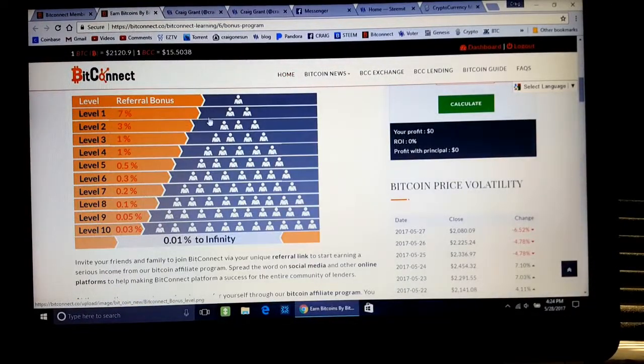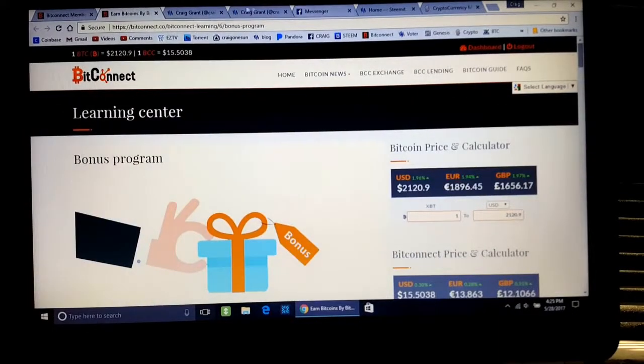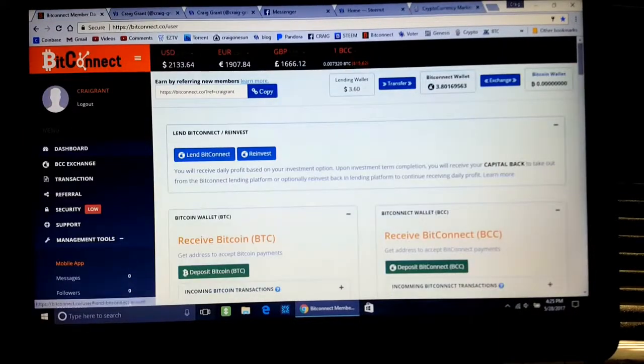Especially when you look at it here. For every person I refer, I earn 7% of whatever loans, right? And if they refer others, I earn 3%, and they refer others, I earn 1% and 1%, and it keeps going down. Me, I've been earning most of my referral income from the first 4 levels. And that pretty much explains it.